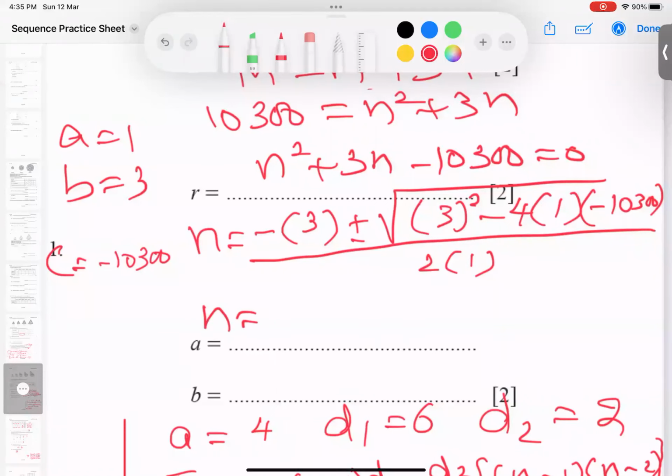So when I apply this, let's see what answer turns out to be. I am typing in my calculator 9 plus 4 times 10300. It is giving me 203. Now if I solve with plus and minus, I get 2 n values.